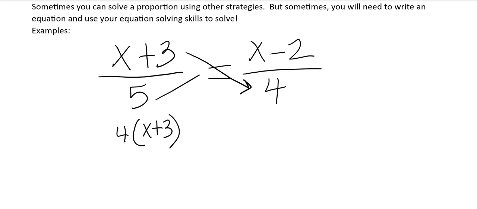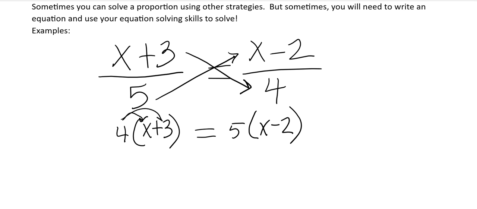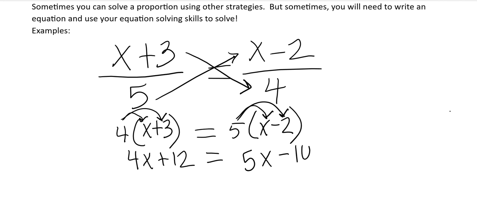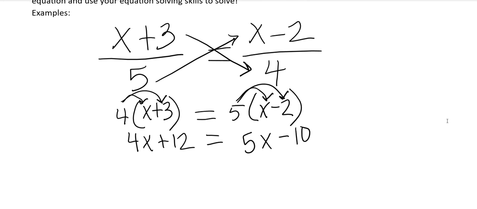Same with 5. 5 is being multiplied by the difference of x and 2, so I have to use parentheses and apply the distributive property. When I distribute the 4 to each term in the parentheses, I get 4x plus 12. And when I distribute the 5 to each term in parentheses, I get 5x minus 10.